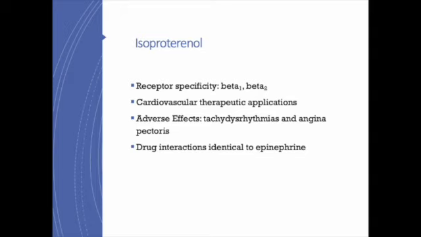By activating beta 1 receptors in the heart, isoproterenol can benefit patients with cardiovascular disease. Specifically, it can be used to manage AV block. We talked about that, where the atrium cannot fire to the ventricles. And this will improve outcomes in cardiac arrest and increase cardiac output during shock as well.